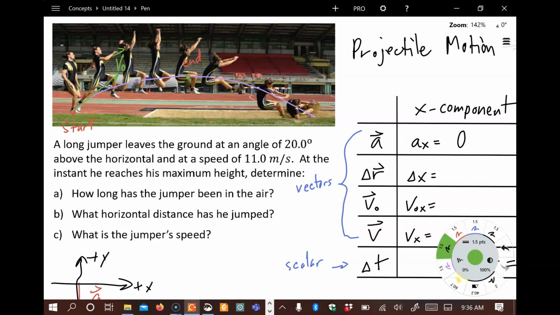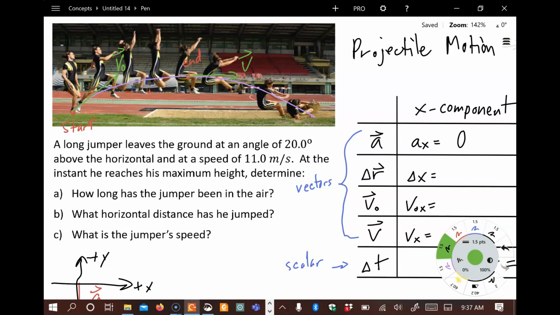It's tangent to the curve there, which is flat on the top, so it's just a horizontal line. Let me draw that a little better. So there's your v final, and I haven't put an f on there. You can if you like, but we've got a lot of subscripts for the x's and y's, so I'll leave that off. Now we want to try to figure out if we can know something about those vectors.